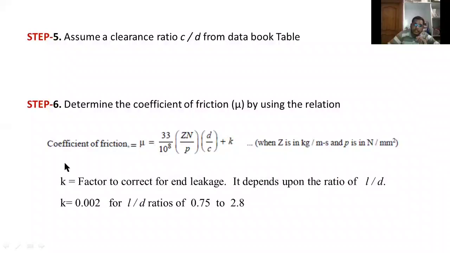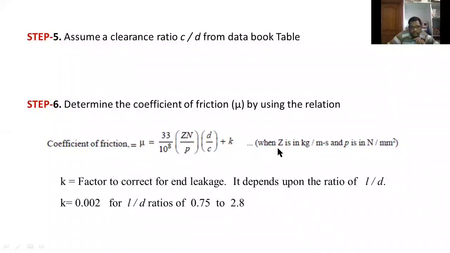Here the value of Z is in kg per meter second, and n is the speed of the shaft in rpm. P is the bearing pressure in Newton per mm square. These are important.